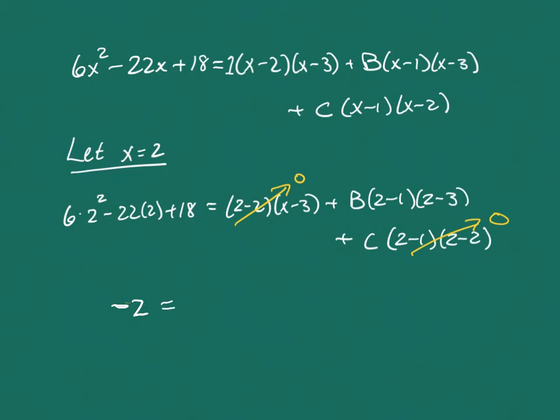Over on the right, I have 1 and a negative 1, so I have a negative b over on the right. And so it's an easy way to see that b is just going to be 2 in that case. And so I can do this one more time to figure out what c is going to be.